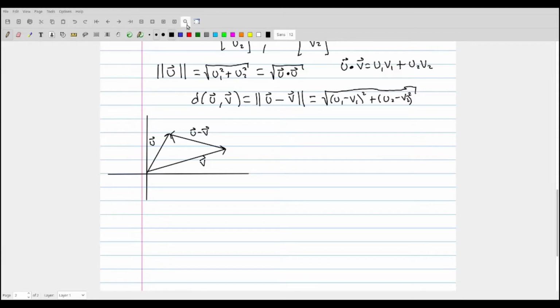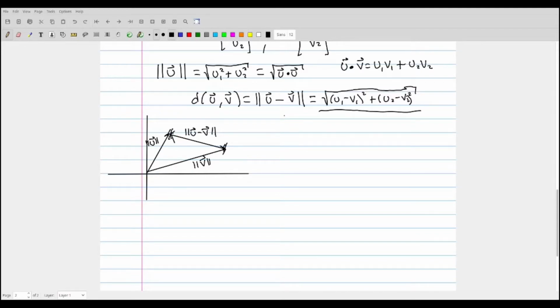So the distance going from here to here is exactly the square root of the difference of the x components squared and the y components squared. This distance is the norm of u, this distance is the norm of v, the length of v, and the length of this distance right here is the norm of the vector u minus v.